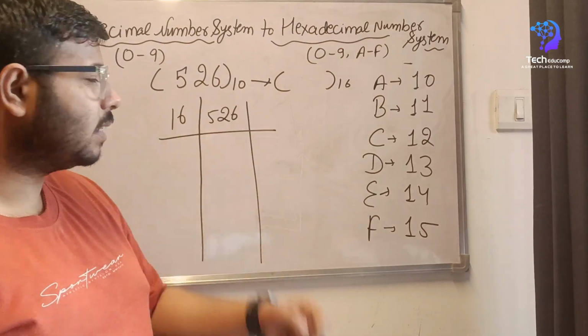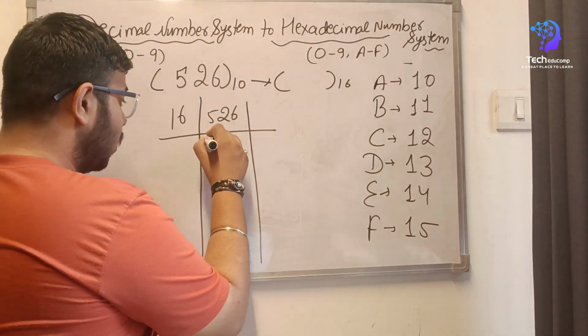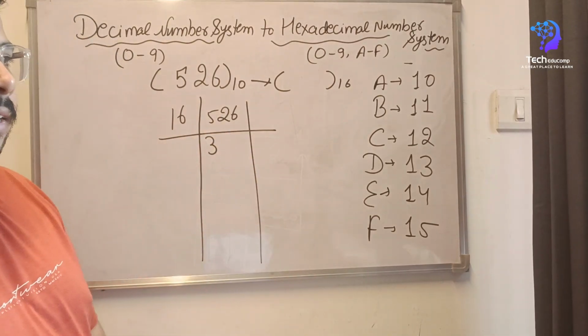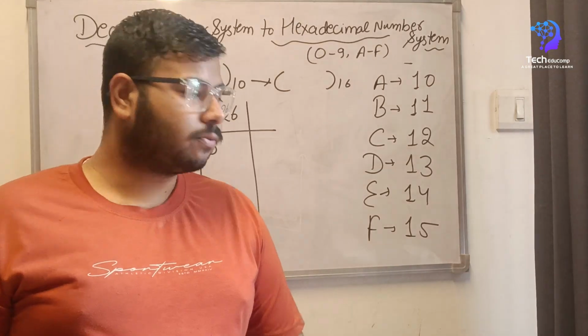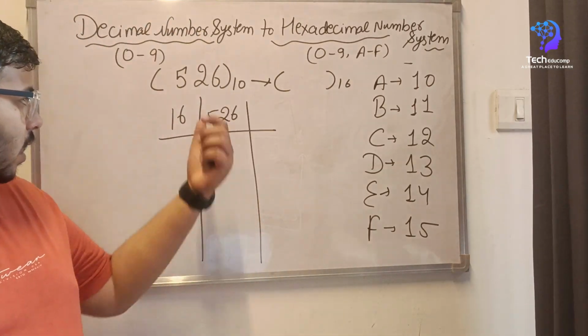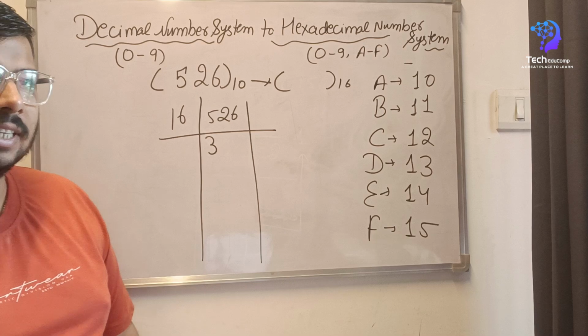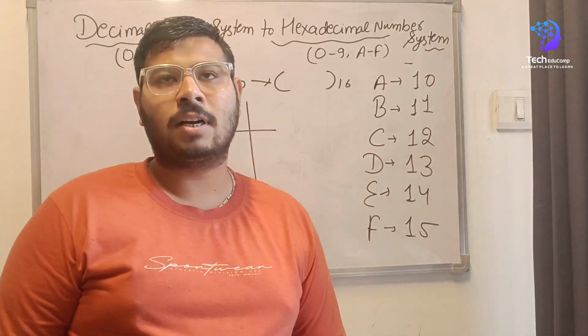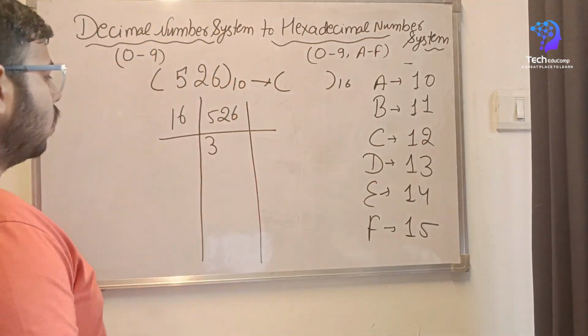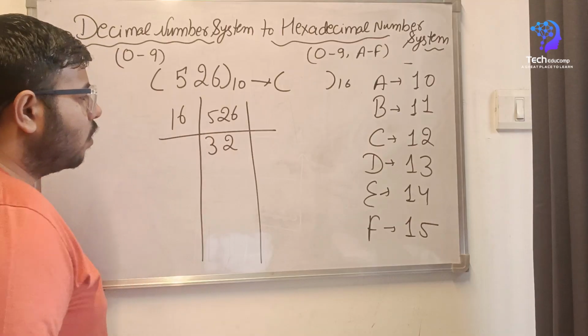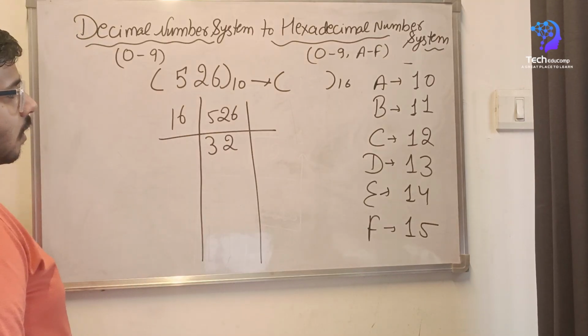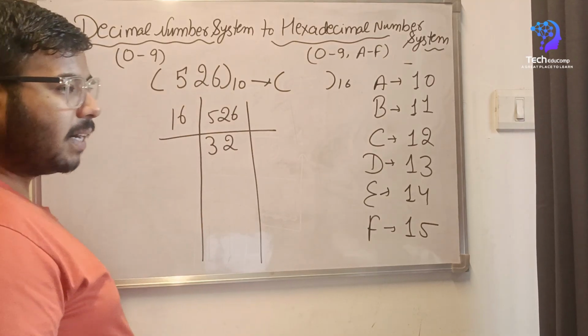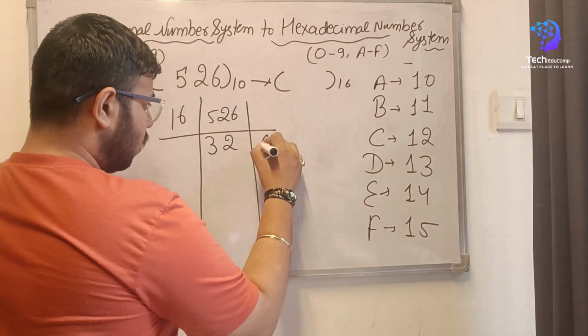So 52 is less than 64, so it will be 3, 48. And that leaves remainder 4, and 6 will be, so it's 46. Then 16 into 2 is 32. So this will be 32, and what will be left? 46 minus 32.